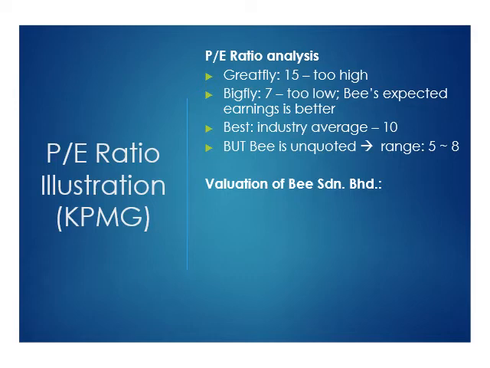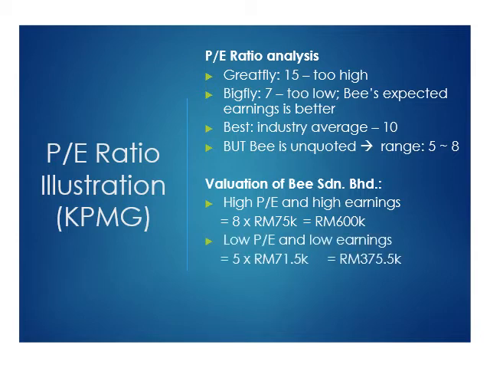So for the valuation of B Sdn Berhad, the high point will be 8 PE ratio times 75,000 ringgit, thus a value of 600,000. The low point will be 5 PE ratio times 71,500 ringgit, thus a value of 357,500 ringgit.